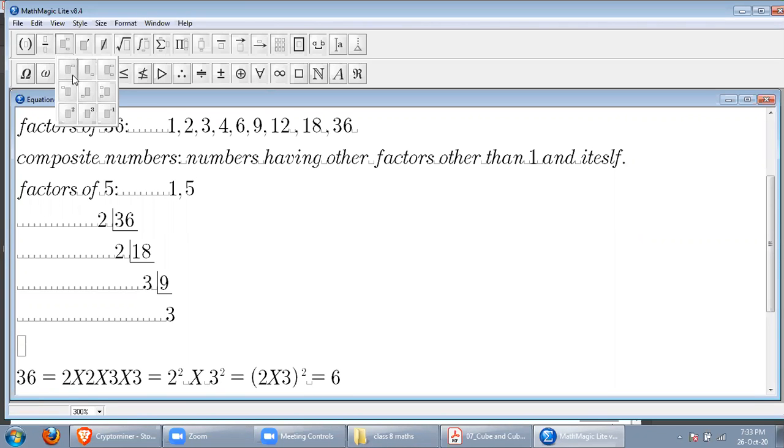So this is 6 square, and for this step I am writing in third bracket. Why?